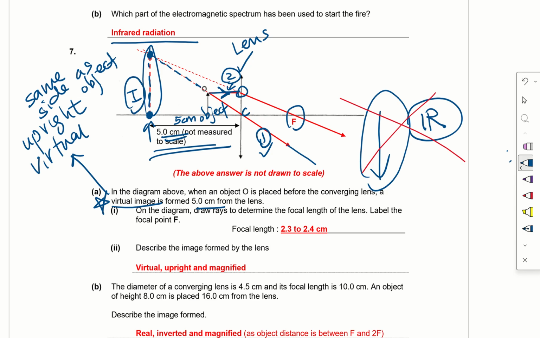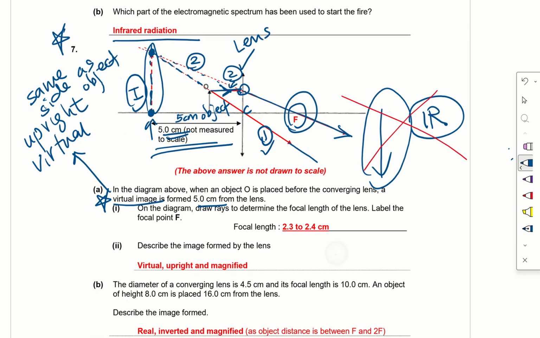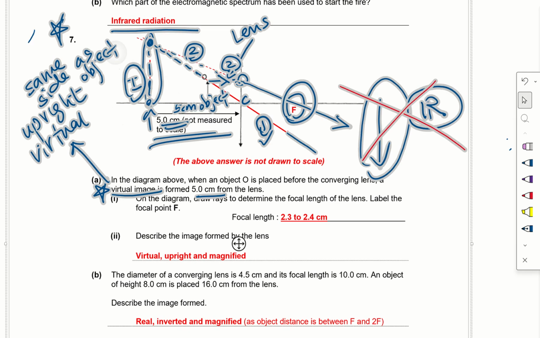Then I can draw ray number 2's dotted line to this position, and continue drawing with a straight line, and this is where I get my focal point. This is quite a difficult question because it's the same concept, but the sequence is not a very simple one. So you may want to try this again.